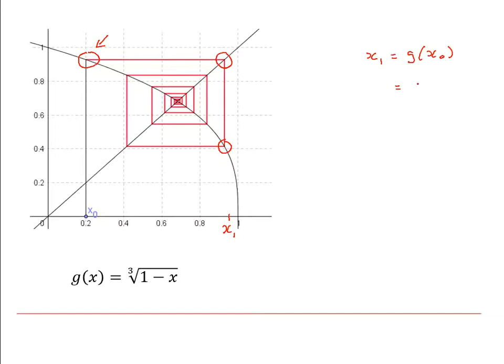So the y coordinate of that point is g(x1), and then when we go over to the line y = x again, the x and y coordinates are the same, so the x coordinate, which we're calling x2, is going to equal the y coordinate of that point, which was g(x1).